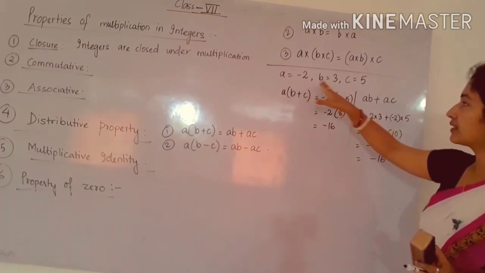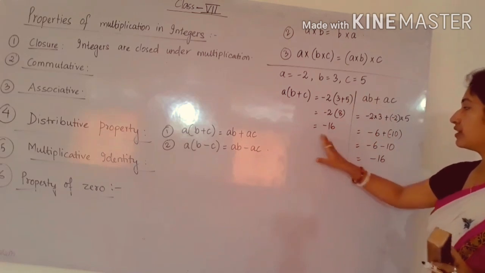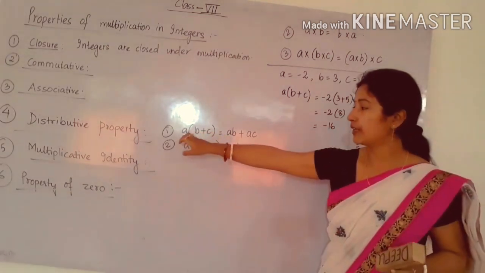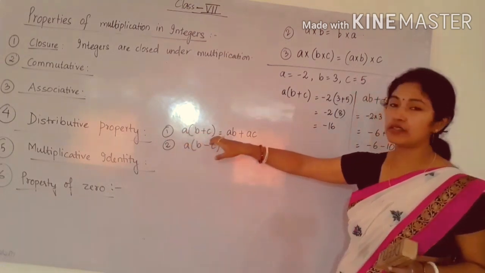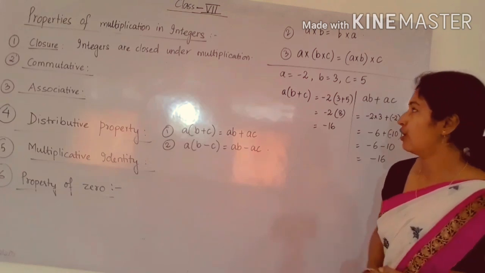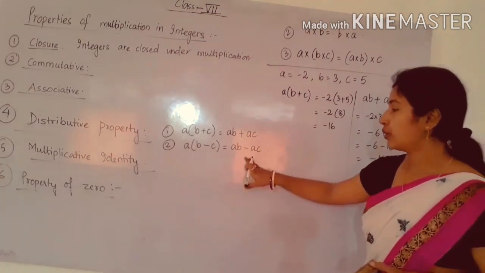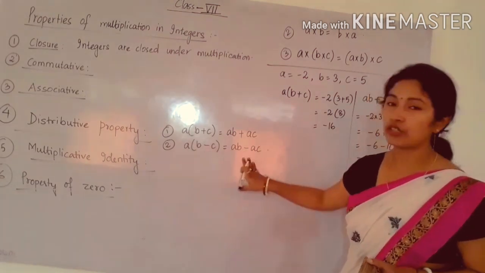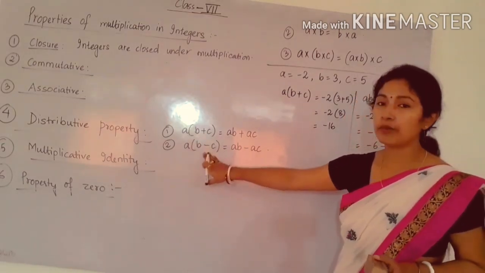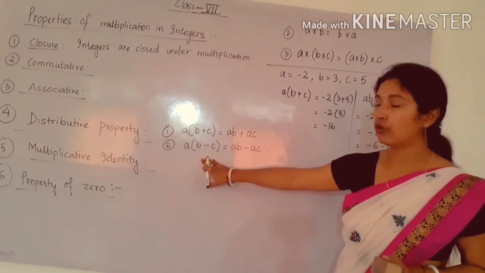So by taking this example, left hand side is equal to right hand side. That means A distributes over B and C. That's why it is called distributive property. The same you can do for subtraction also, that is distributive. A distributes over the negative symbol. So try to do number 2 at home.